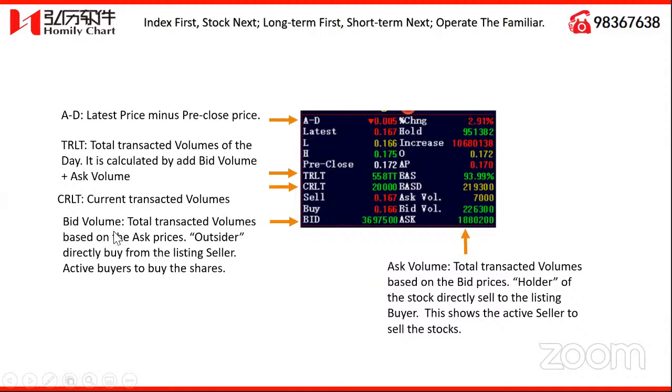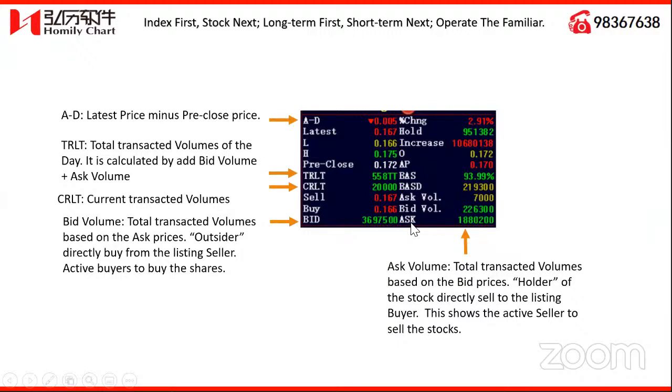The bid volume is the total transacted volume based on the ask price. So an outsider directly buys from the listing seller. So active buyers are buying the shares. That's bid volume. Okay.